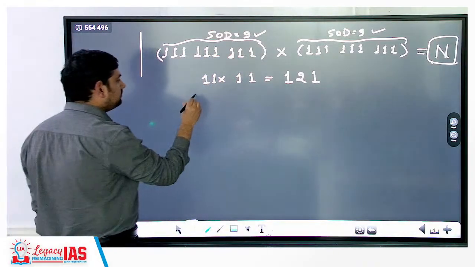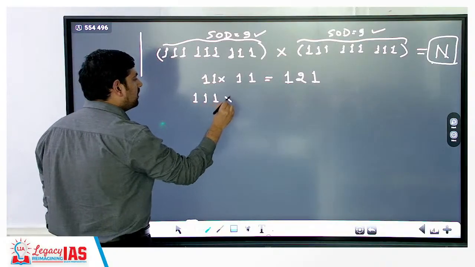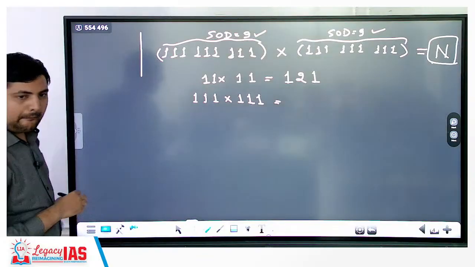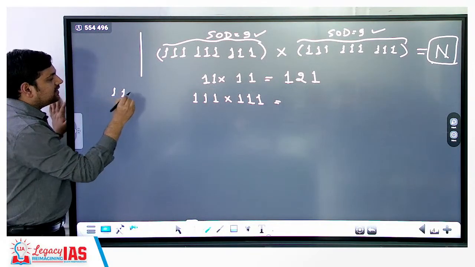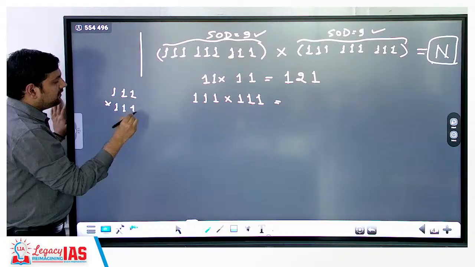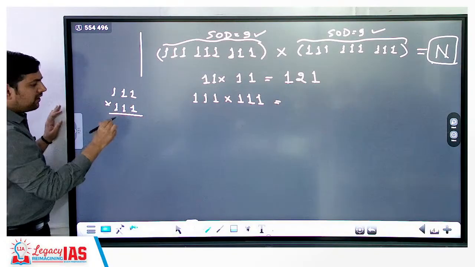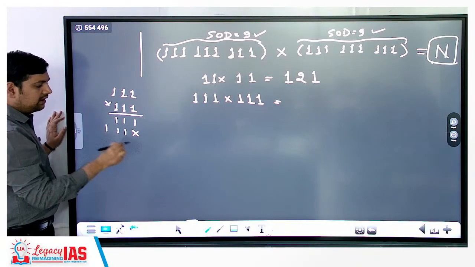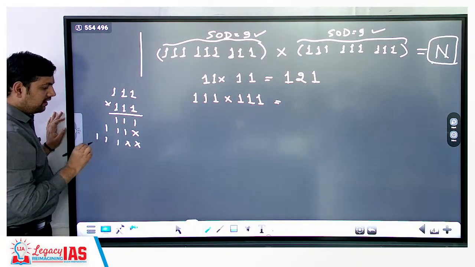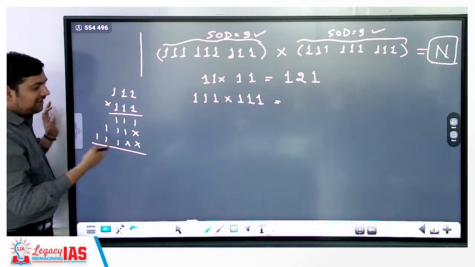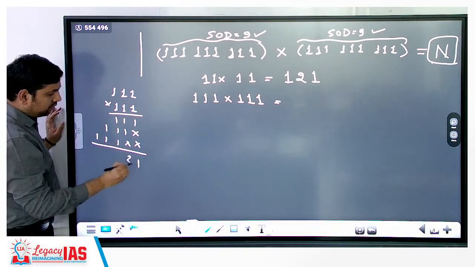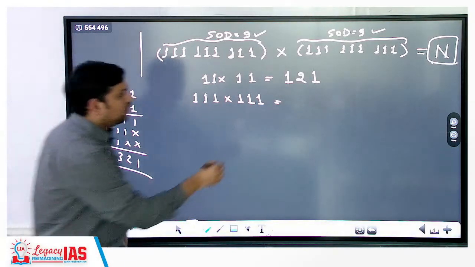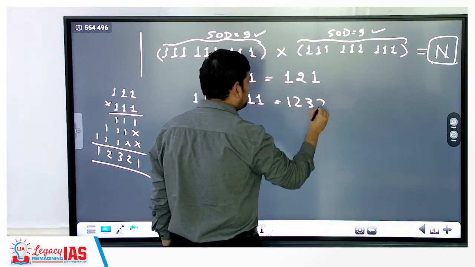Now triple one into triple one, let's just multiply it. Triple one into triple one will be what? 1 multiplied by all three of them, then cancel. Then 1 cross 1 1 1, then 2 crosses 1 1 1. You know this multiplication. So this is 1, then 2, then 3, then 2, then 1. So what you got? 1 2 3 2 1.